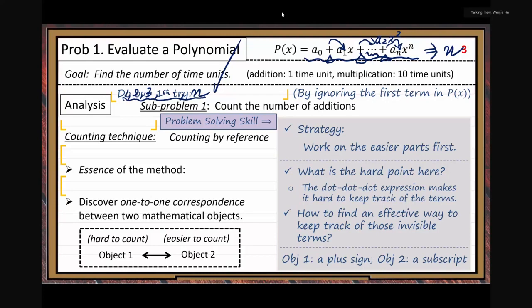So you get an answer, and that answer is the same number for object 1. So here we use this method the first time. Later, we will use this technique a few more times.